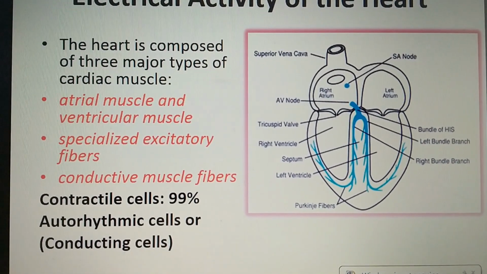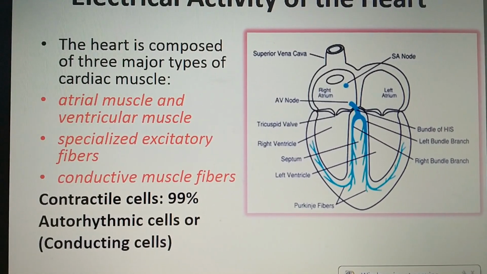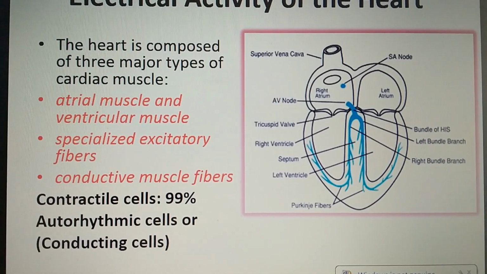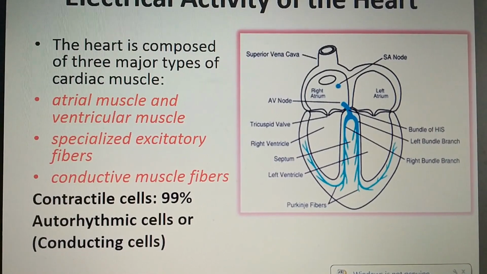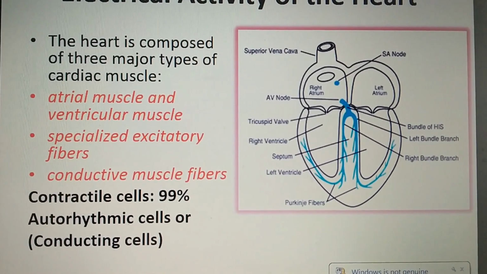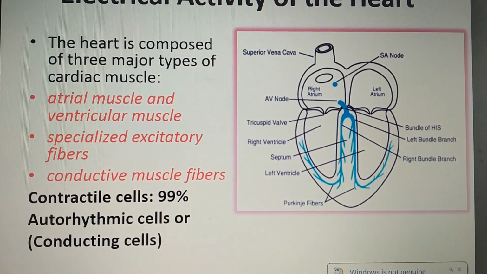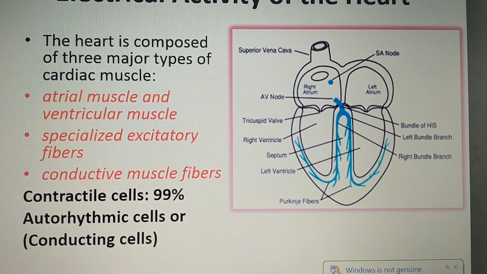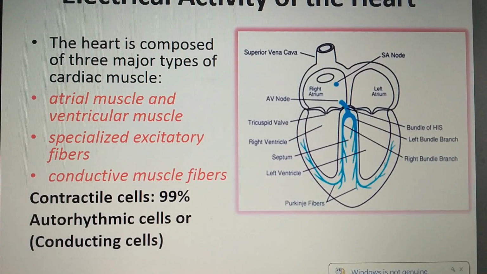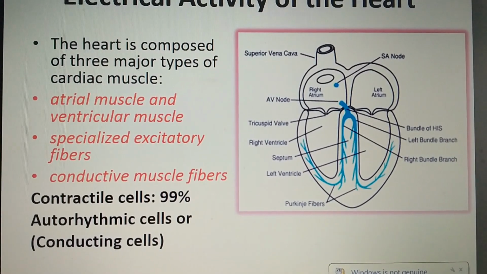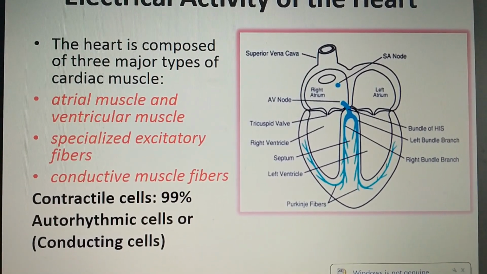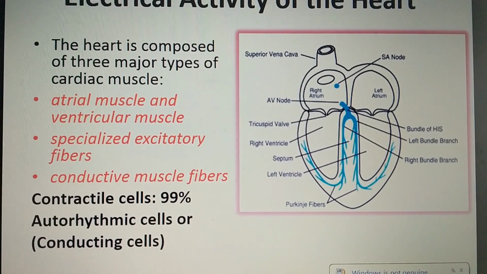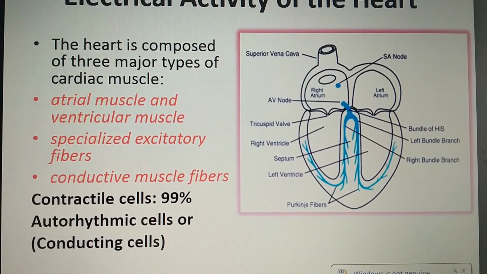The heart basically constitutes two different types of cells, and 99% of the cells are contractile in their properties, whereas the cells that can generate the electrical impulse and also conduct these impulses are said to be autorhythmic cells or conducting cells.